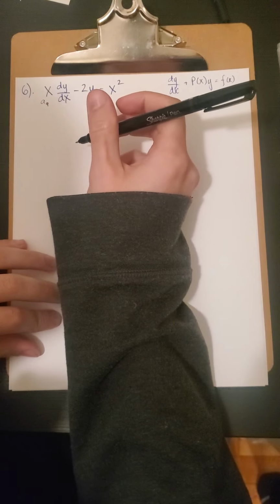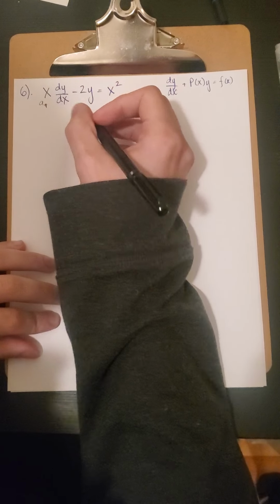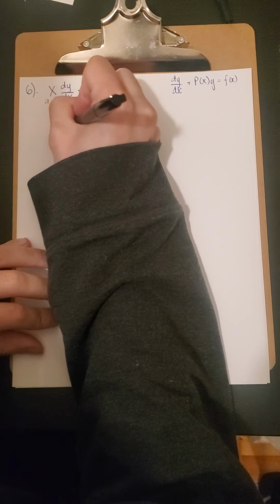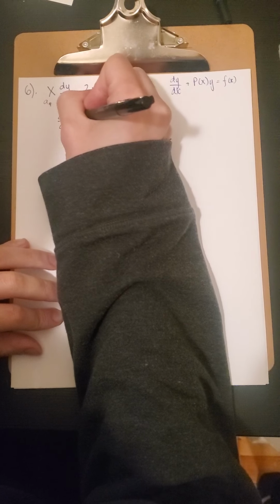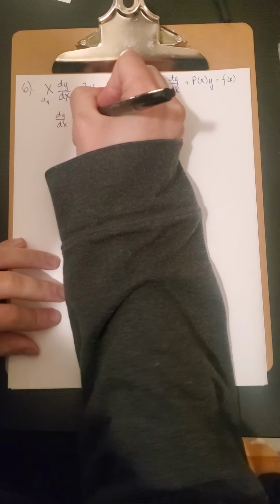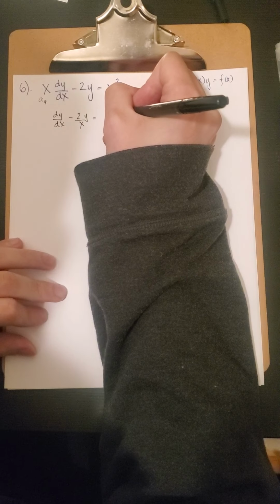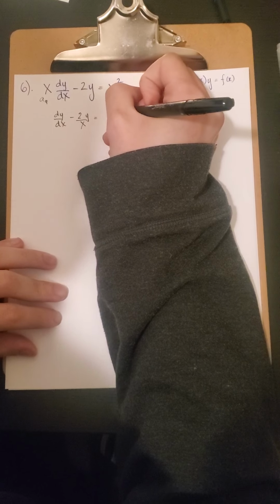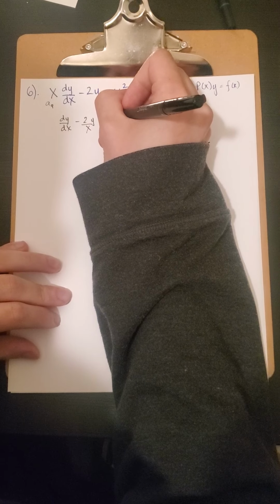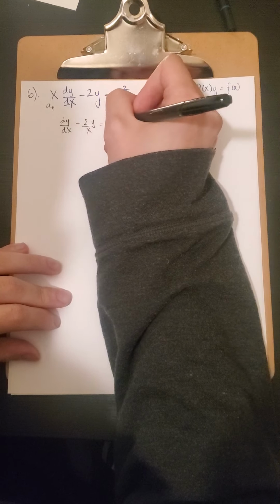So what you end up with is dy over dx minus 2 over x equals, is this the correct problem? Yes, it's the correct problem. You do that, and then you end up with just x.